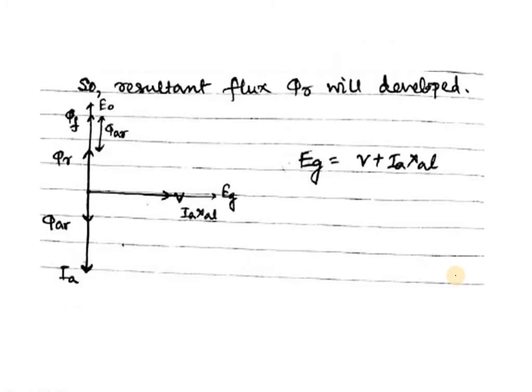So the resultant flux phi R will be developed, and this is EG equals V plus IAXAL.